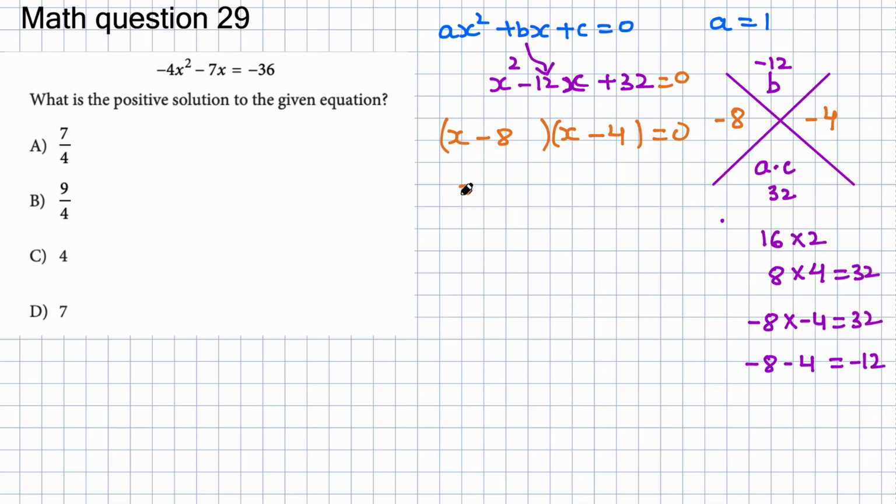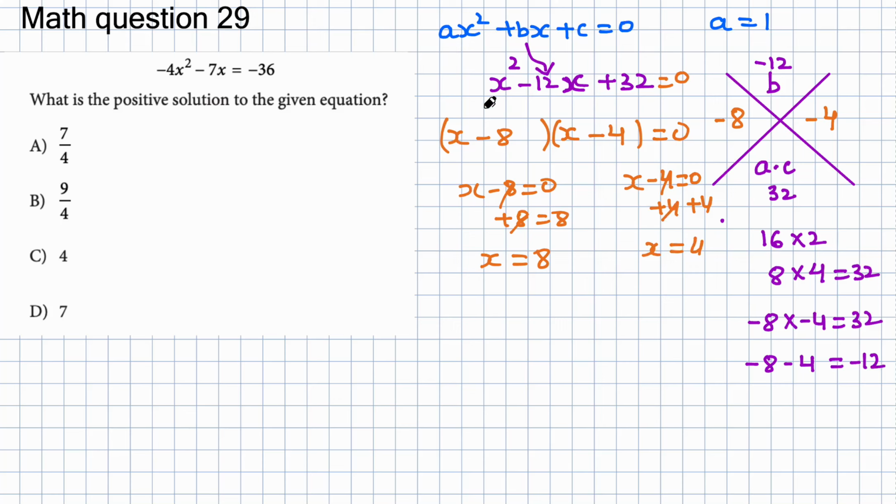Now x minus 8 is equal to 0, so adding 8 on both sides, we get x is equal to 8, that is the first value, and x minus 4 is equal to 0, adding 4 on both sides, x is equal to 4.